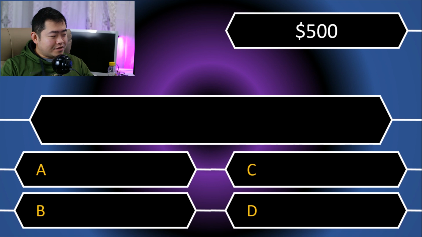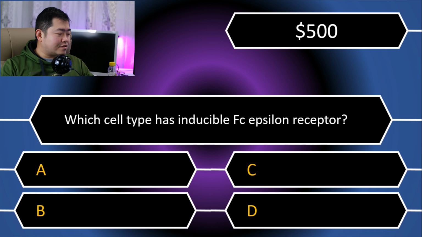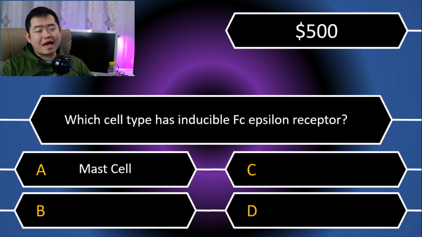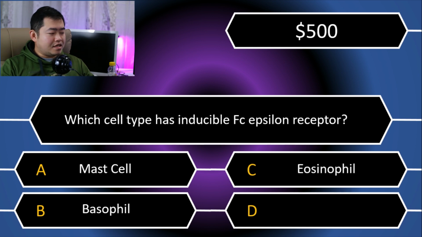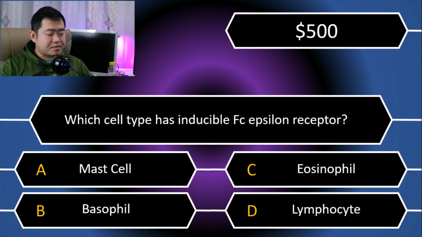Now let's move on to the $500 question. Which cell type has inducible Fc epsilon receptor? This one is testing if you are paying attention to my talking. A. Mast cells, B. Basophil, C. Eosinophil, and D. Lymphocytes. Which one has inducible Fc epsilon receptors?